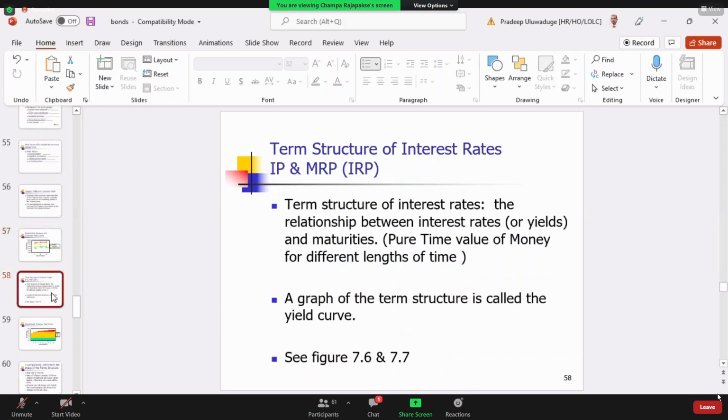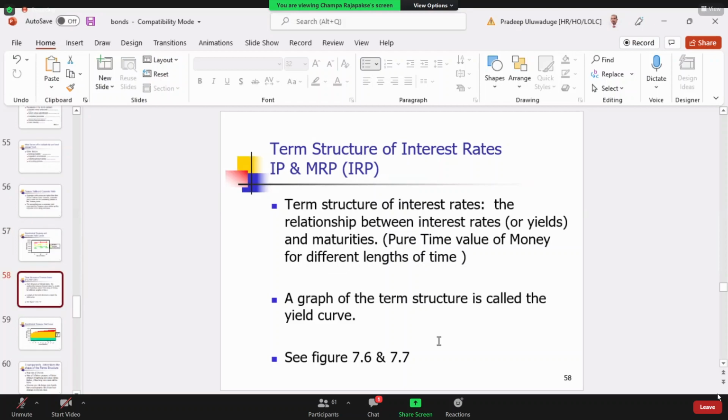Okay. Then term structure of interest rates, maturity risk premium, inflation premium. Let's see what is meant by term structure of interest rates.